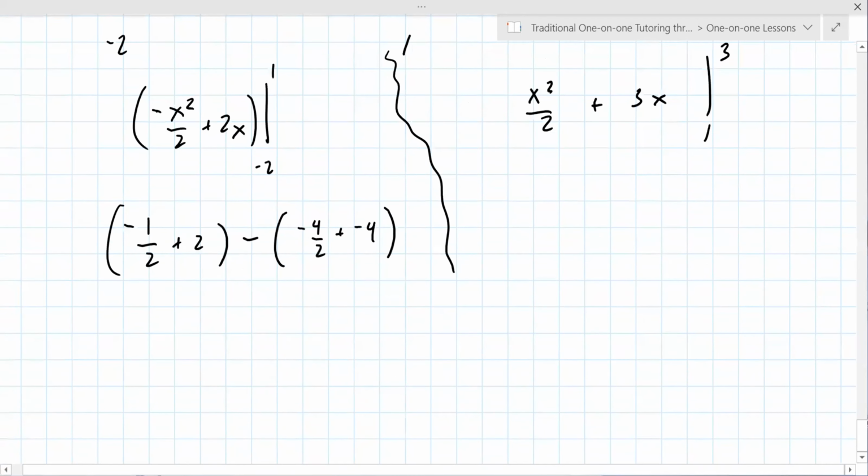So then that's 1 over 2 plus 2, or negative 4 over 2, plus 2, minus.